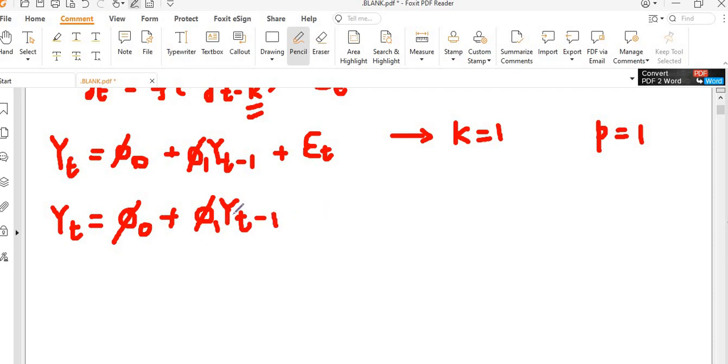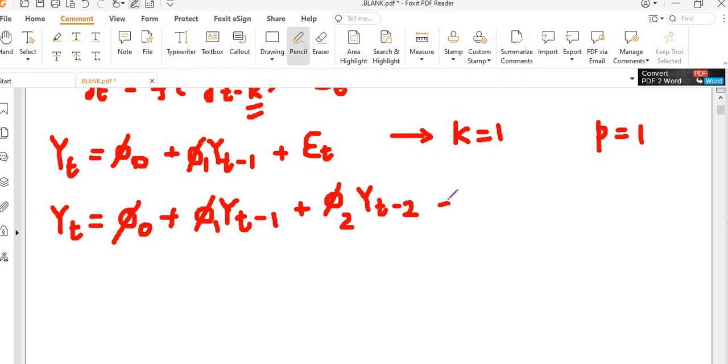But it's not just the past value of yesterday. It can actually depend on the value 2 days before as well. So suppose the current price of a commodity depends on the price of that commodity yesterday, and it also depends on the price of the commodity 2 days ago. That can also happen. So we can have phi 2 yt minus 2. So yt minus 2 also determines yt.